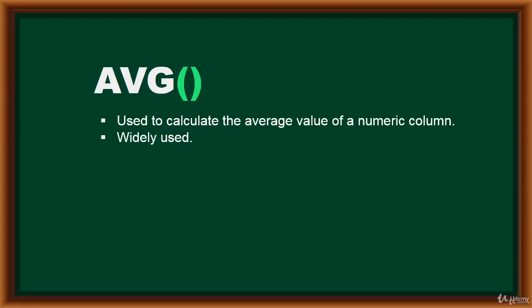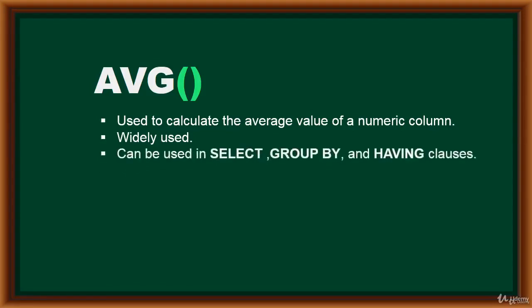The AVG is one of the most commonly used aggregate functions. It can be used in a select statement with a group by clause and also with a having clause. So let's take a look at the syntax.